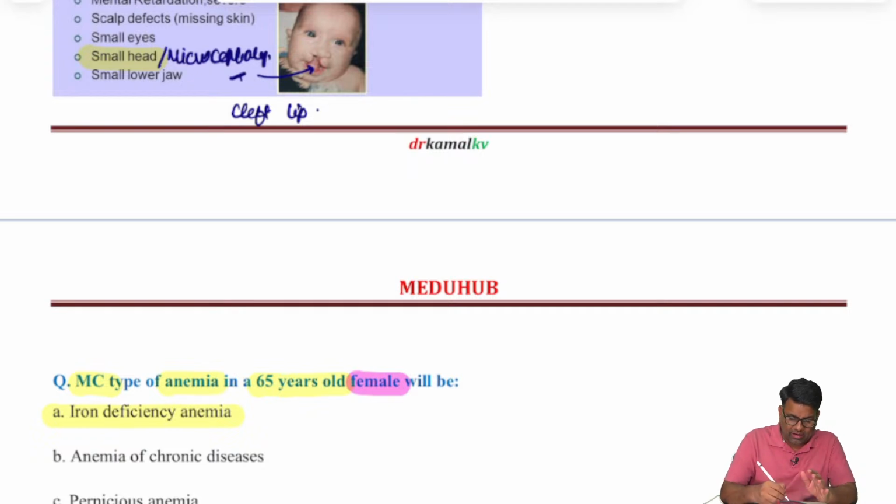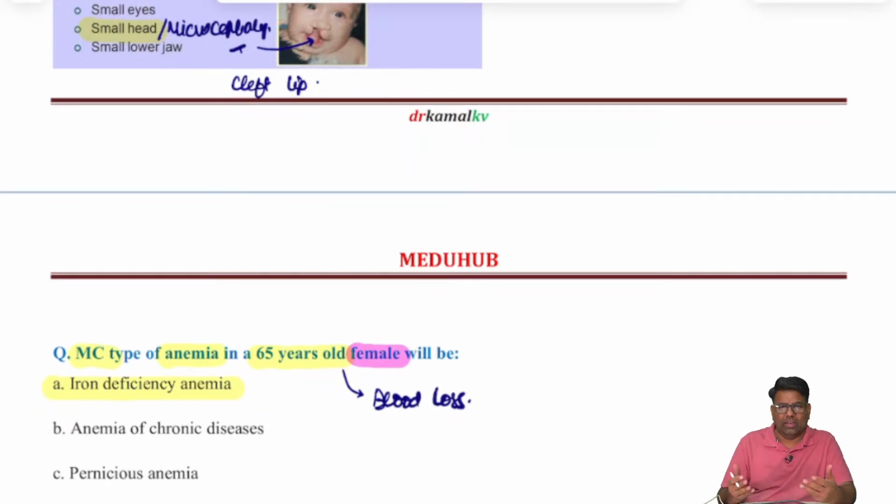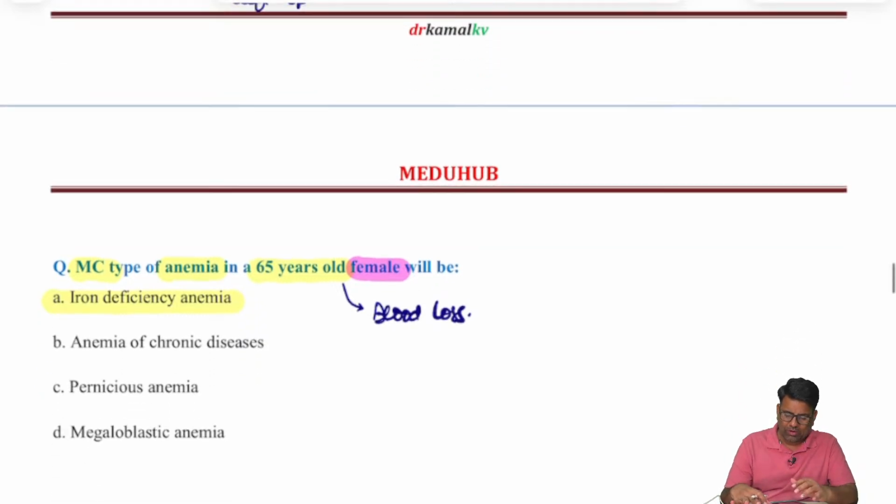And secondly, this is an elderly female, and females have a high possibility of blood loss, especially during the reproductive age group when they were menstruating or having deliveries and other things. So blood loss possibility is always there, right? And that is also indicative of some component of iron deficiency, and therefore iron deficiency anemia seems a better answer in this particular question, right?